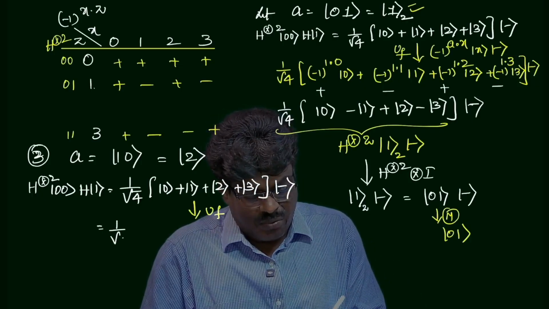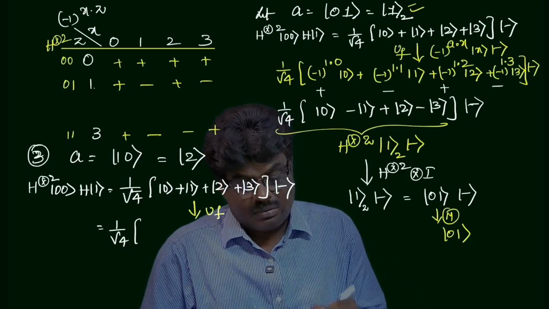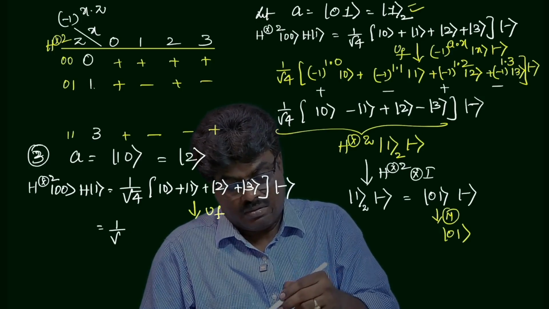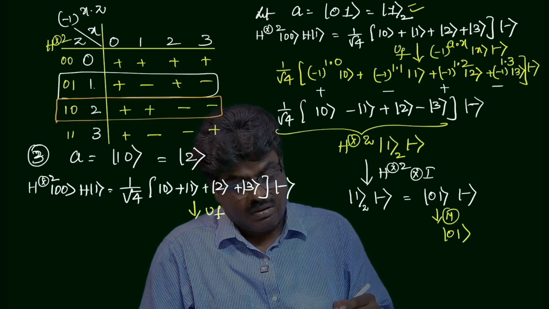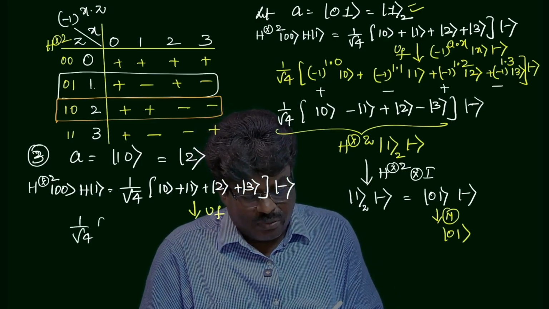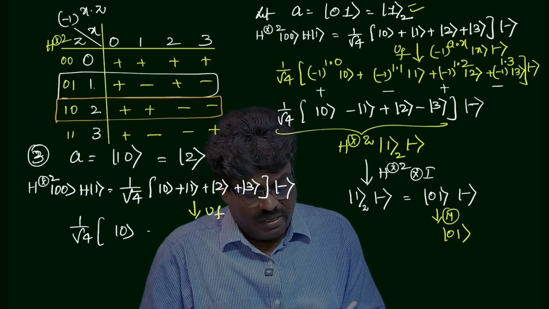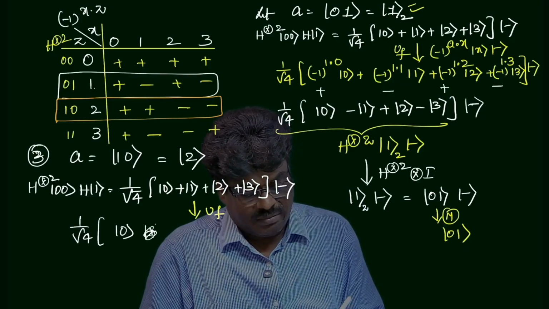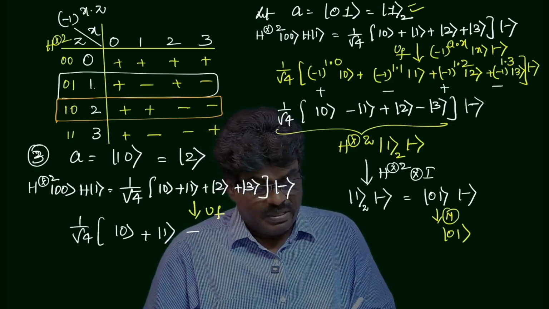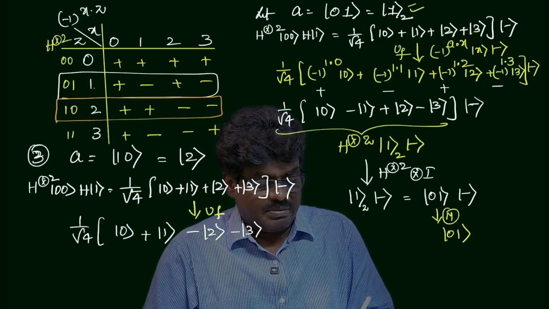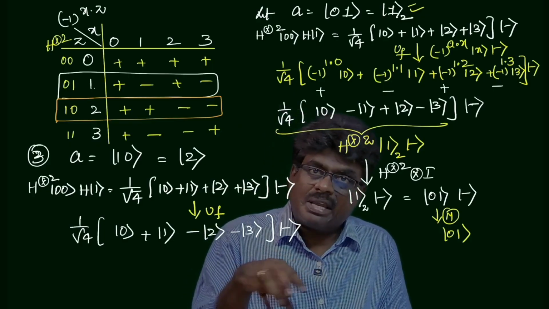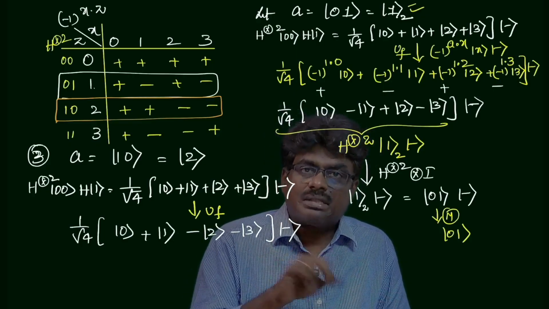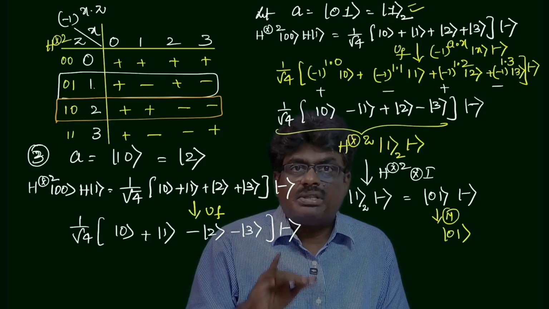So this is 1 over root 4, for 0 and 1 it is plus, for 2 it is minus, and for 3 it is minus. In this method I am not operating any Hadamard operations because I am just taking from the table, because earlier we constructed the oracle and here we are using this phase table.